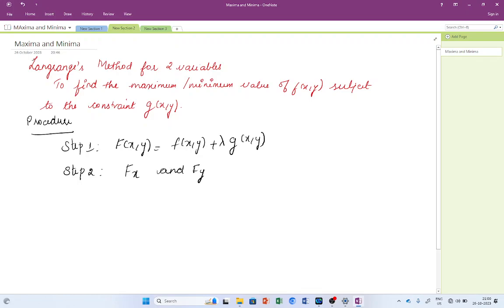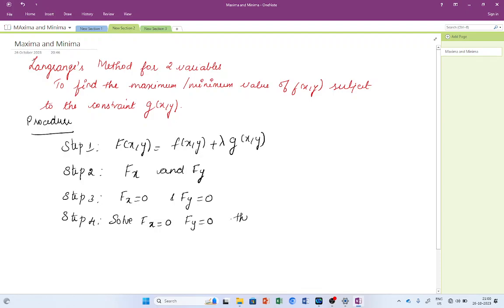Step 3, you have to equate the derivatives to 0. Step 4, you have to solve f_x is equal to 0, f_y is equal to 0, and bring it in terms of lambda, so that further proceeding will be easy. So you will solve f_x is equal to 0, f_y is equal to 0.